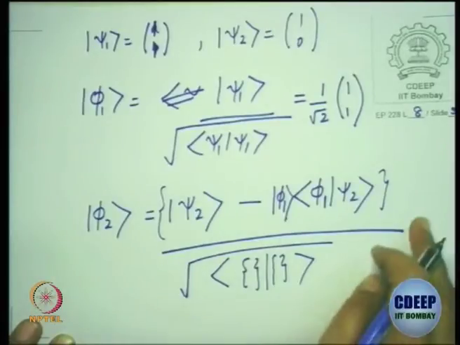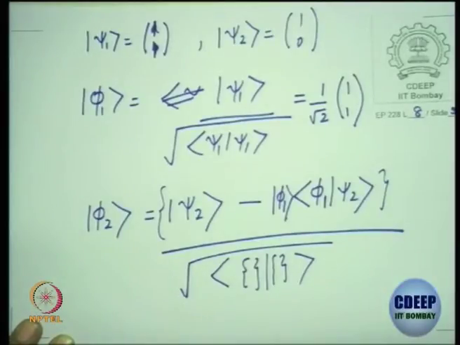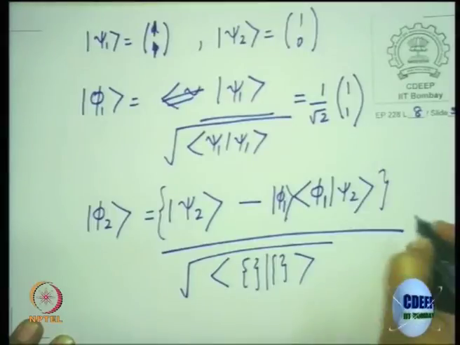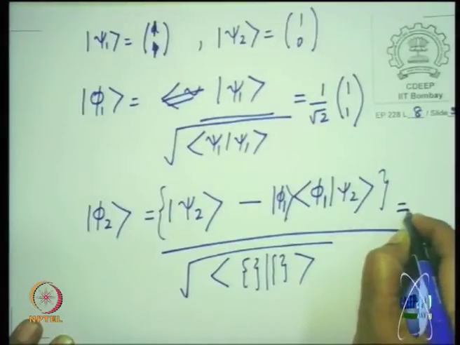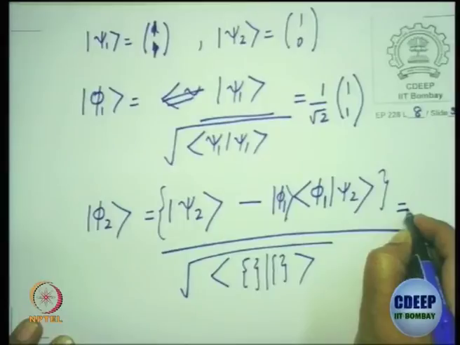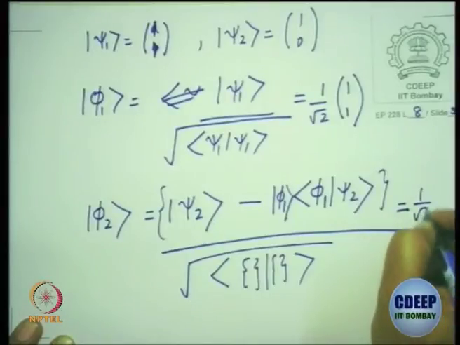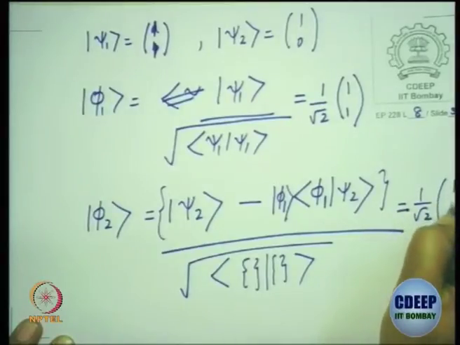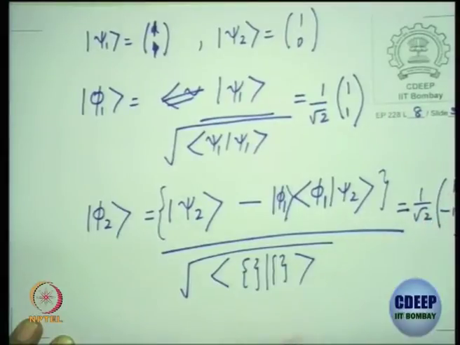What do we expect here? What do we expect? We will get 1 by root 2 is what I expect. Can you please do this algebra and check?